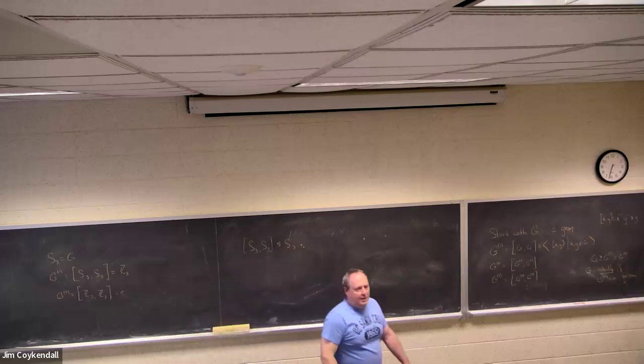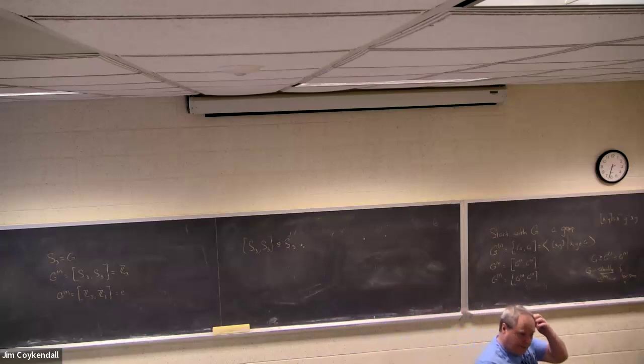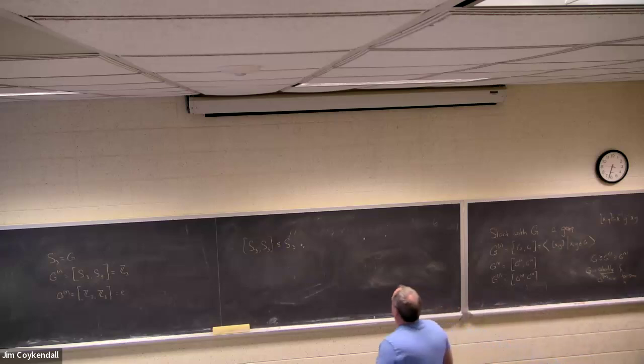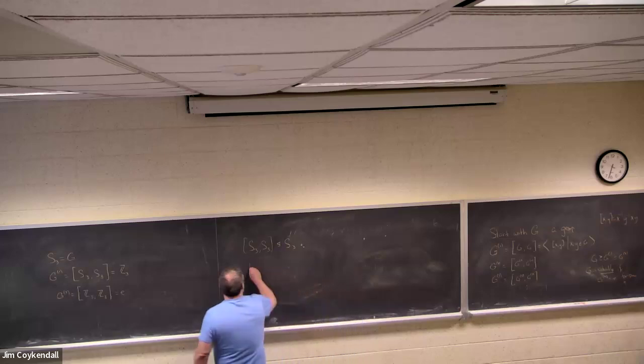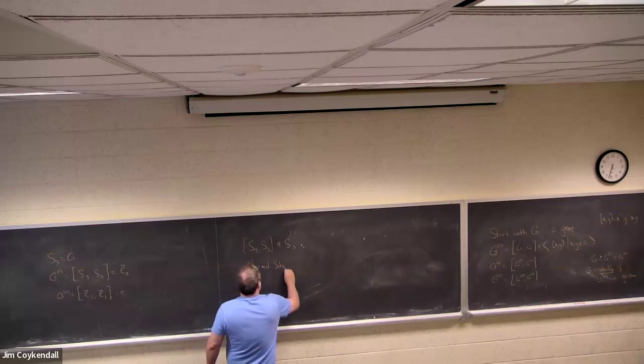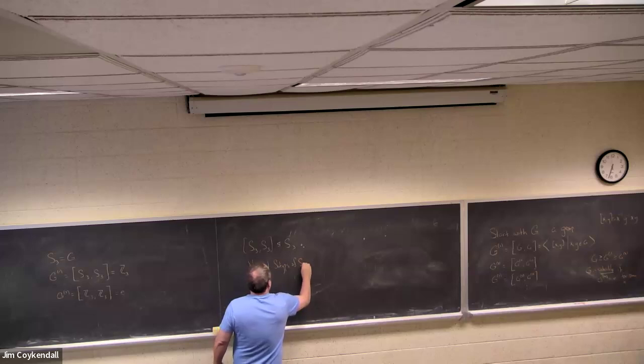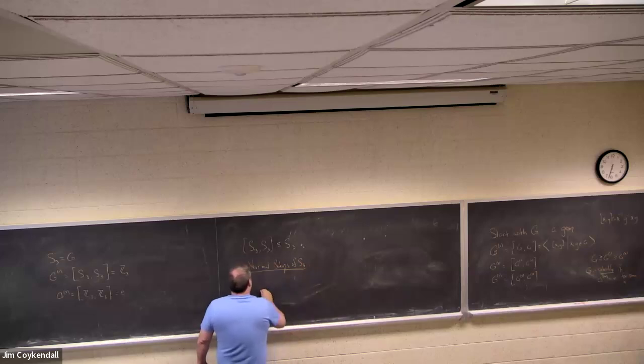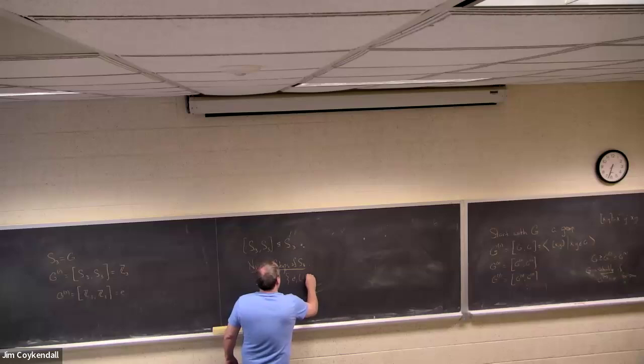This is true for any group. The commutator subgroup is normal. We actually proved this in homomorphisms. What are the normal subgroups of S3? They are S3, the identity, and the subgroup {e, (1 2 3), (1 3 2)}.